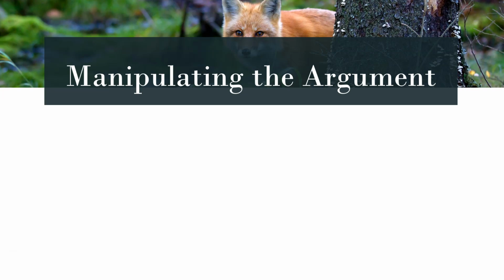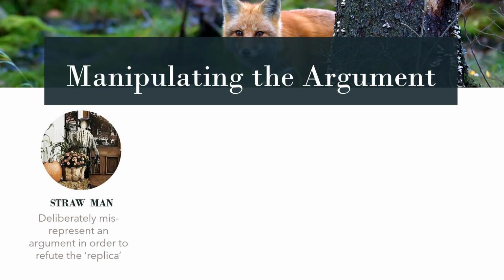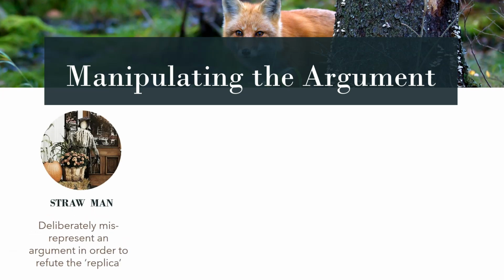Another way that we can see the ethical fallacy or fallacies related to incorrect or insufficient use of credibility, authority, and expertise are some techniques for manipulating the argument. The straw man fallacy is one of the most prominent or iconic fallacies.